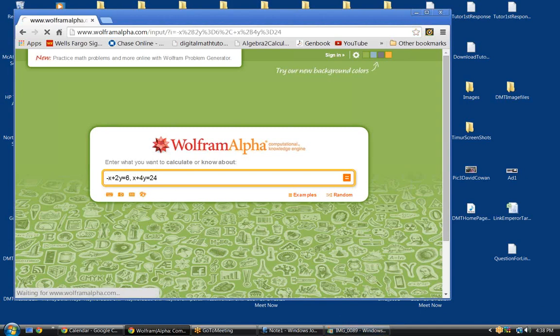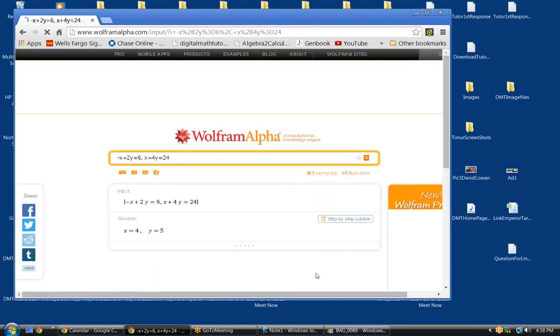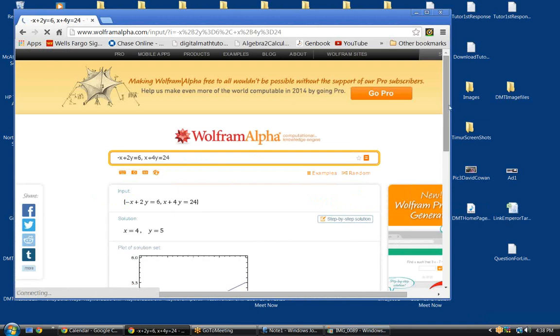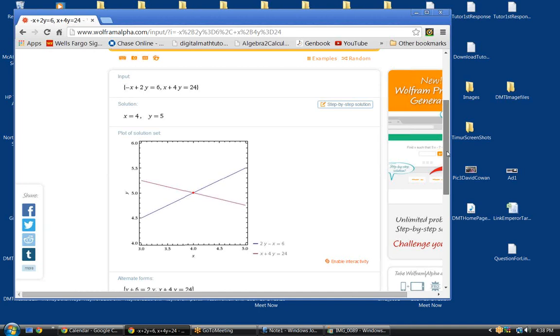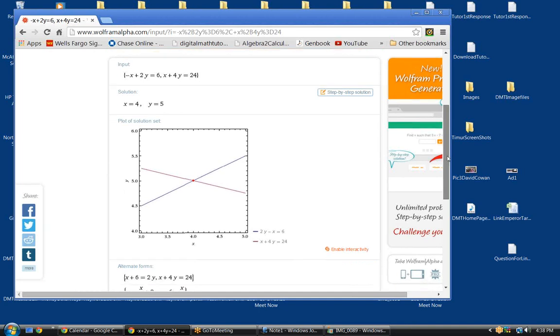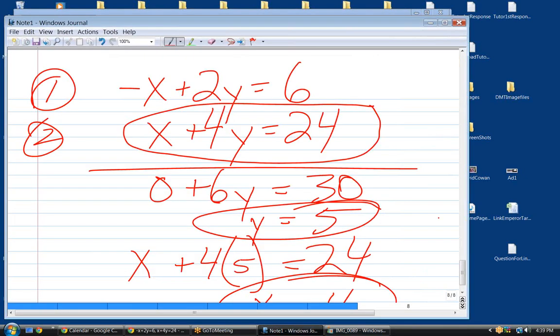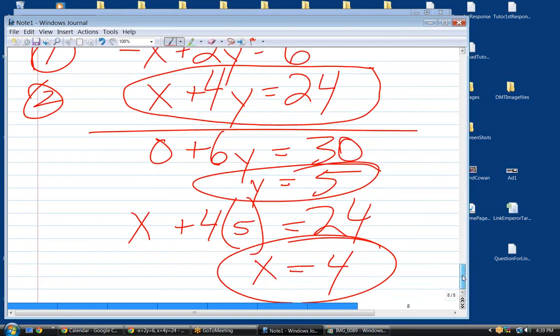I put both of those into Wolfram Alpha. It's going to graph both of them on the same plot. And notice that it came up with the solution. The solution is right there, 4 comma 5. That's what we came up with, 4 for x, 5 for y.